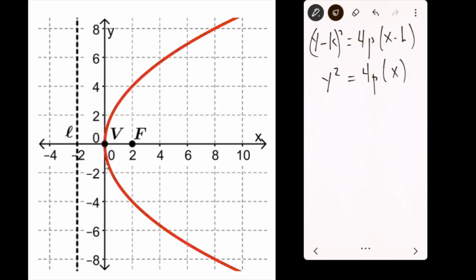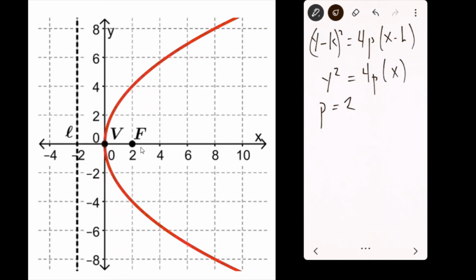Next, we're going to determine the value of p. Para malaman yung p, it's p units away, the distance between the vertex and focus. I think it's 2 units away also. But now it's positive because it goes to the right siya. So our p will be positive 2.